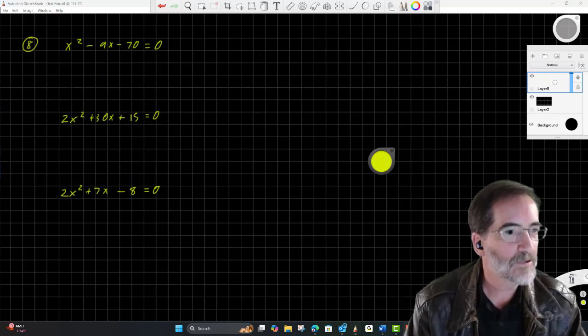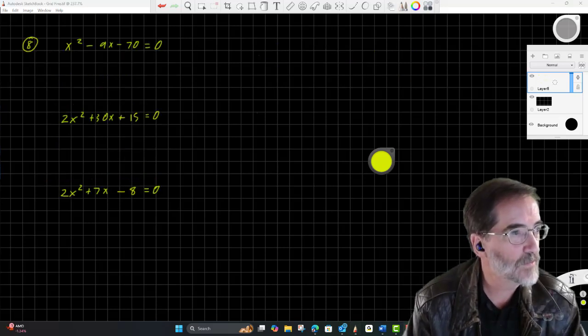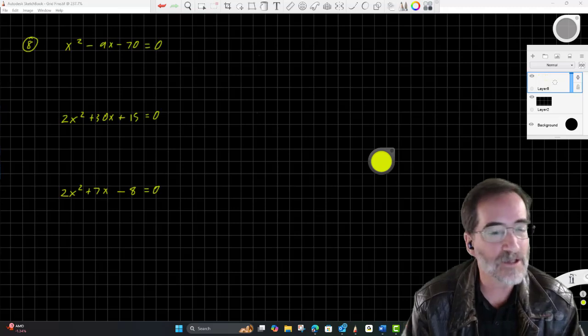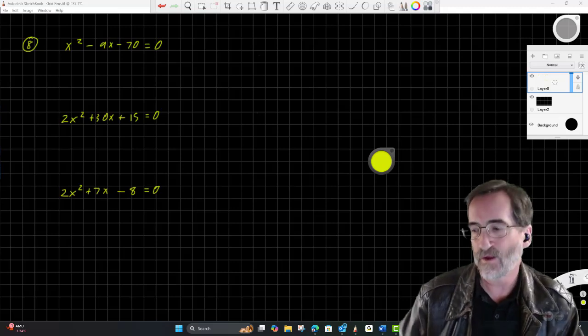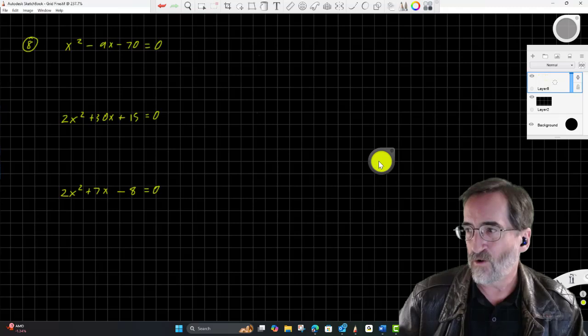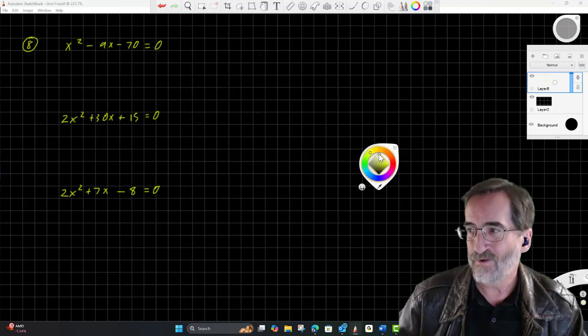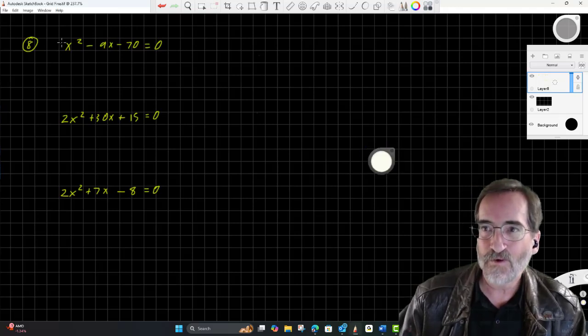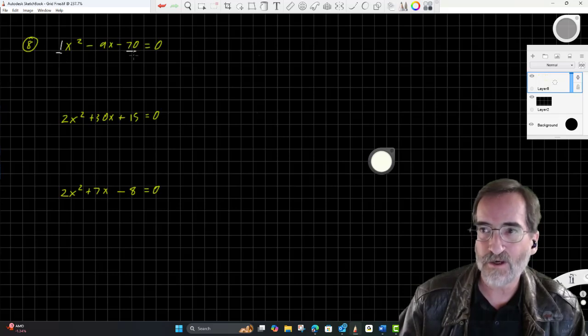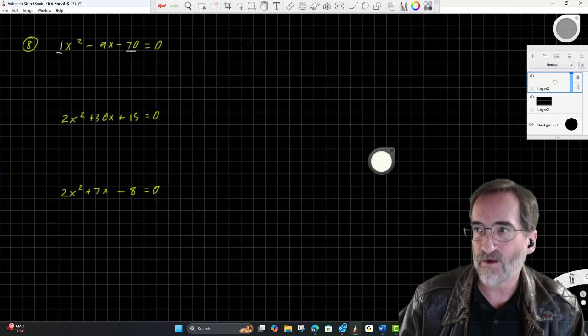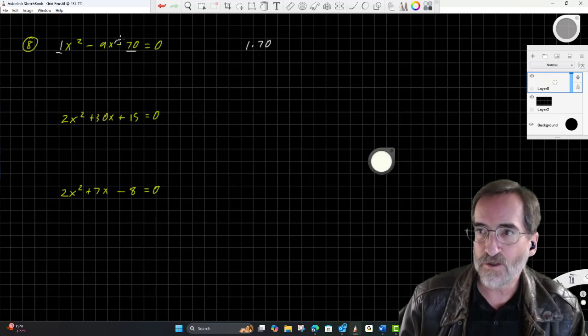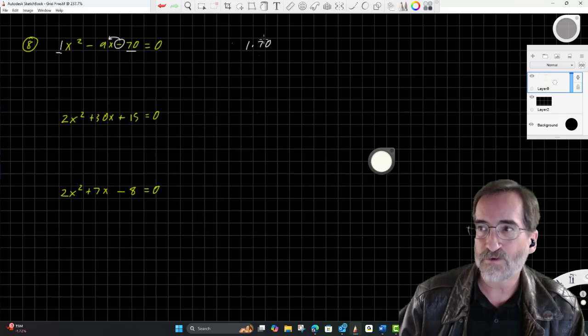Okay, number 8. Which of the following quadratic equations is not solvable by grouping? You may recall that if you take the first coefficient, 1, and multiply it by the last constant, negative 70, the middle term should subtract in this case to make 9.